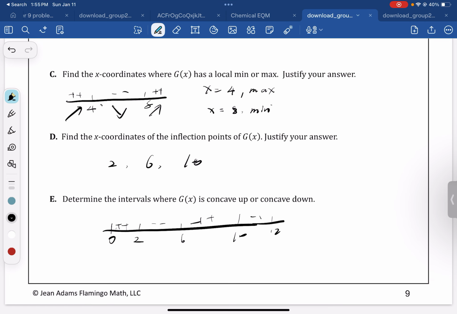So from 0 to 2 it's concave up, 2 to 6 concave down, then concave up, then concave down. So from 0 to 2 union 6 to 10 is concave up, and from 2 to 6 union 10 to 12 is concave down. Right.